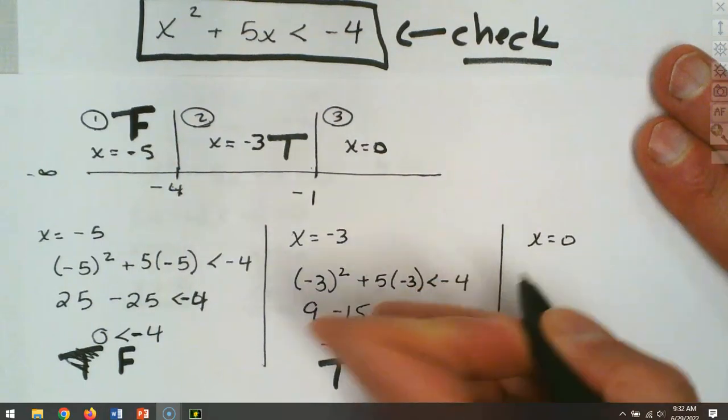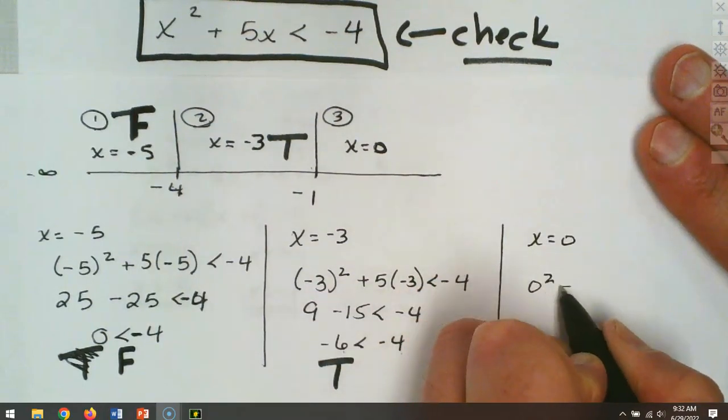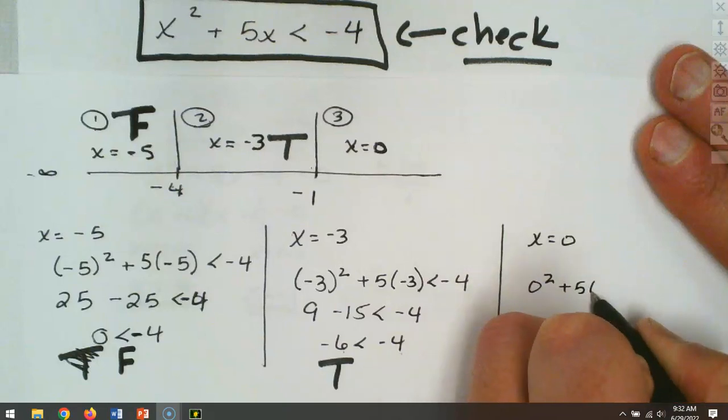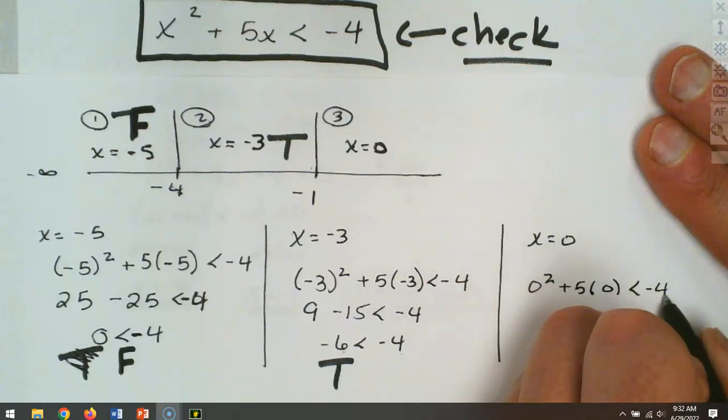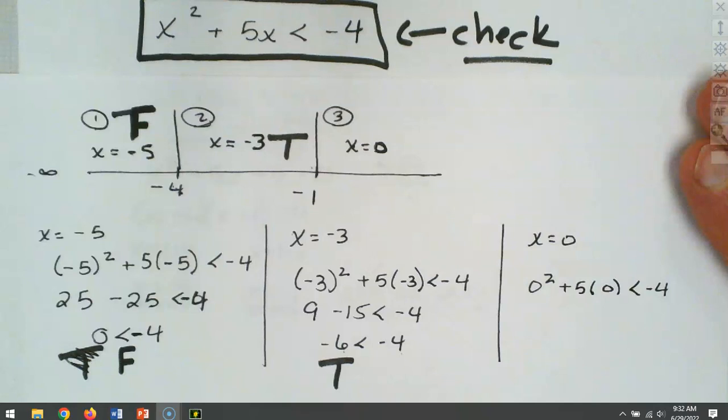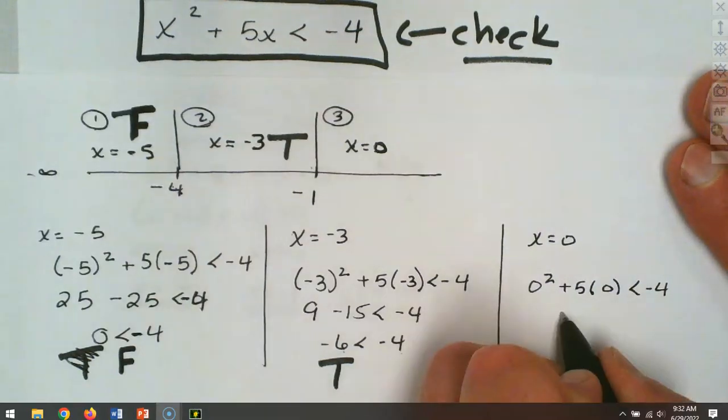And let's try 0. If I plug the 0 in, all those zeros make the left-hand side 0.